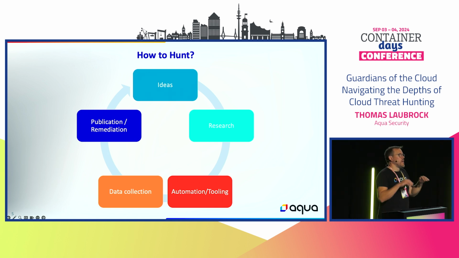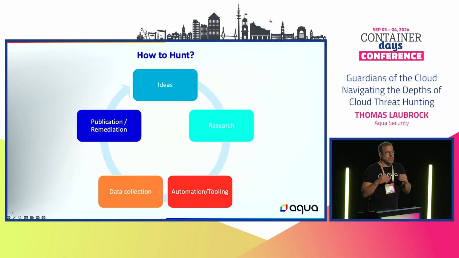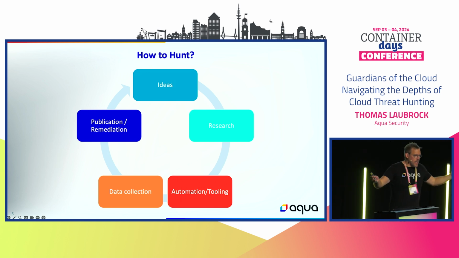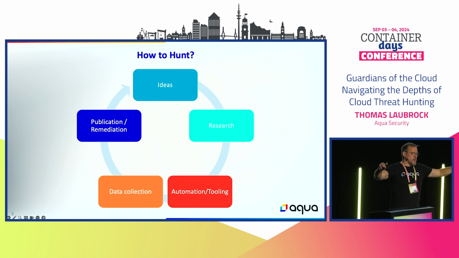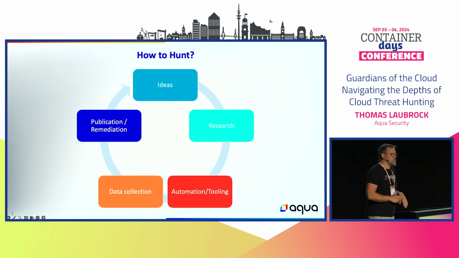And typically, if you do a research and try to find out if something is relevant, you need to do a big crawling or tooling to get an idea if it is a widespread attack or something like that. We will see this in our examples we will touch in a minute.